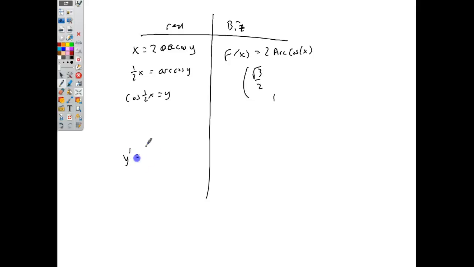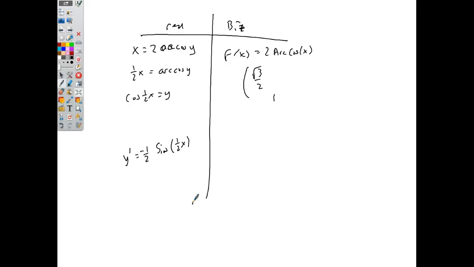It would be 1/2 sine 1/2 x. I need a negative because it's a negative sign, right? Okay, that's good. I live with that. Good, smart?